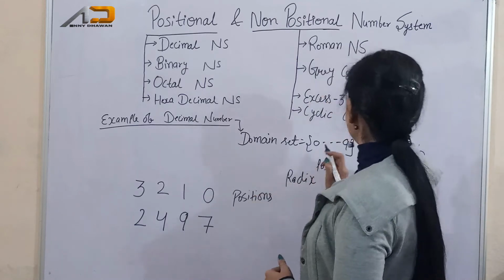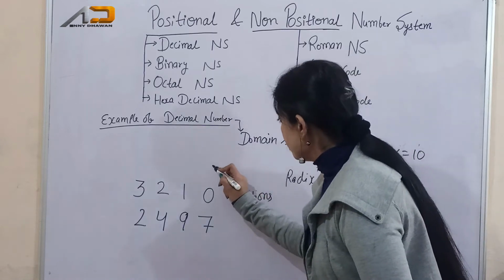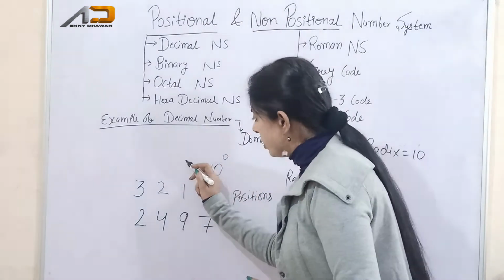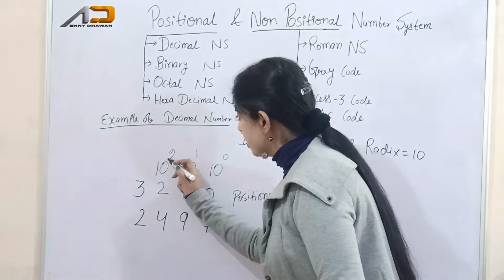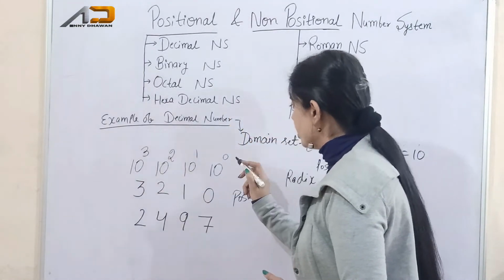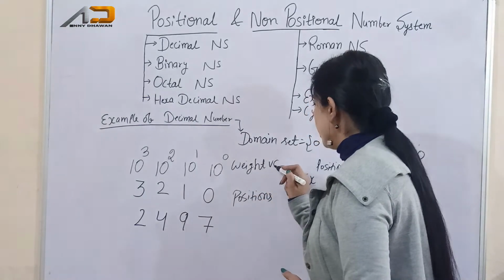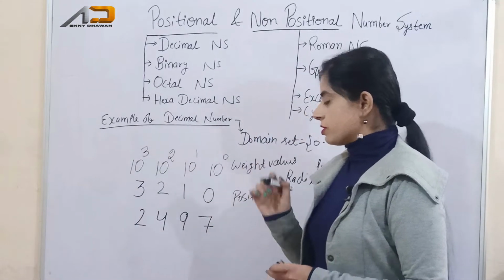What is the radix of decimal number system? It is 10. So the weight value would be 10 raised to the power 0, and the next weight value would be 10 raised to the power 1. The next weight value would be 10 raised to the power 2, and the next weight value would be 10 raised to the power 3. So these are the weight values, or you can say significant values.